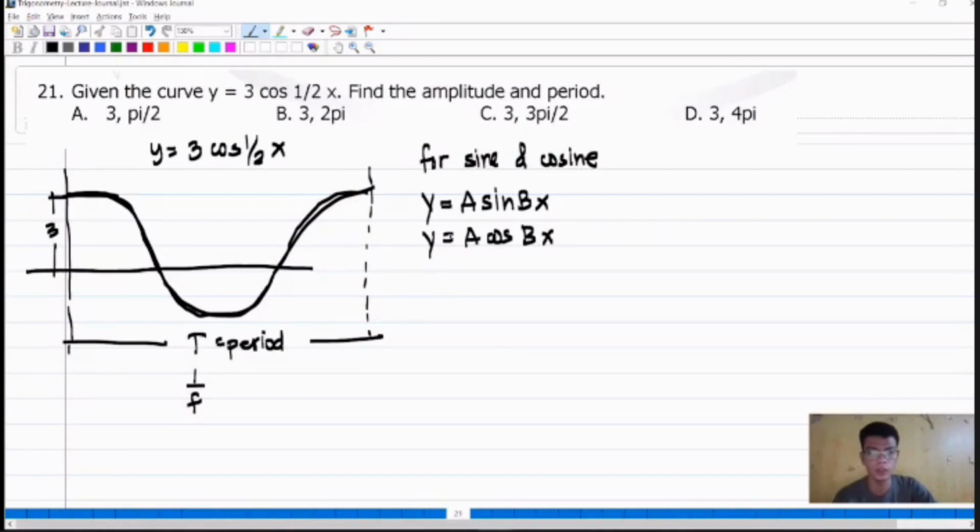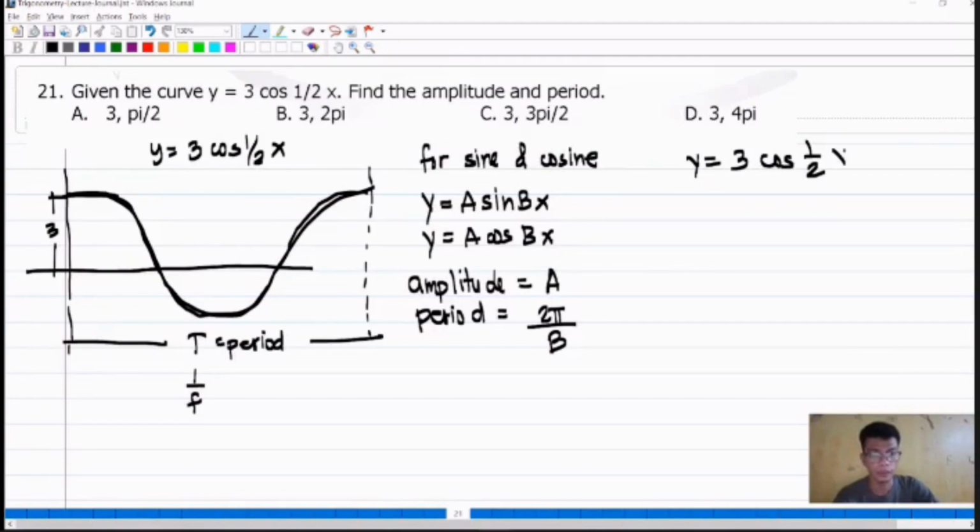Tandaan natin, kapag ito ang itsura ng ating equation, the amplitude is a, kung ano man yung a dito sa quantity, and the period is equal to 2 pi over kung ano man yung b dito. So from the given, y is equal to 3 cosine 1 half of x.